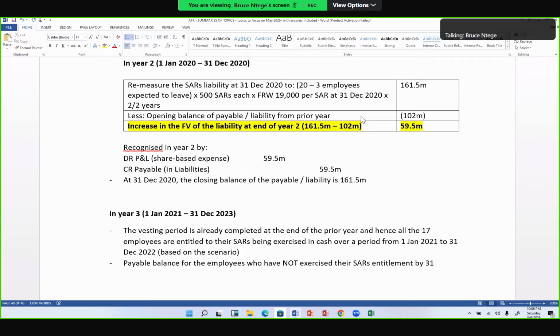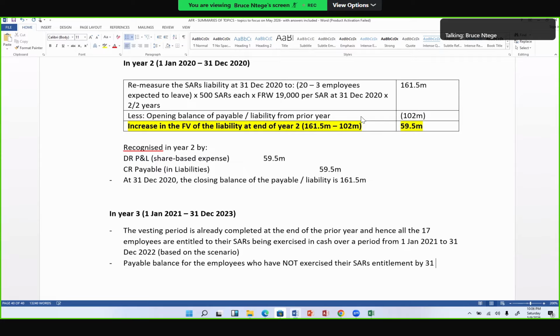Who are those employees? Those are the 17 employees minus the 7 employees that exercised, because we are told in the scenario that 7 have exercised. So these are 10 employees. We still have 10 employees who say, me, I will not rush to take my money. So the company still has a payable for them.